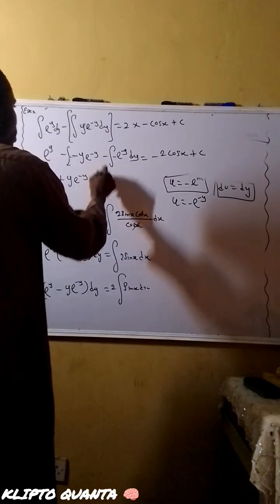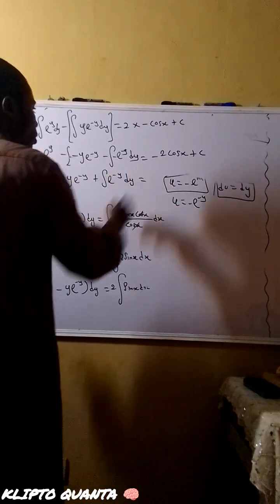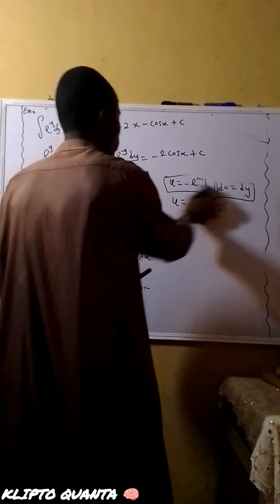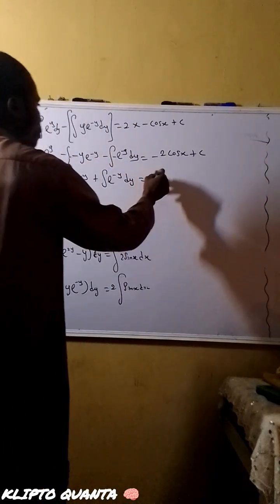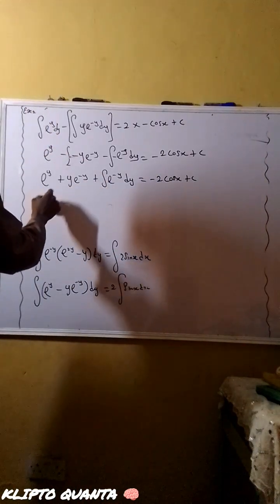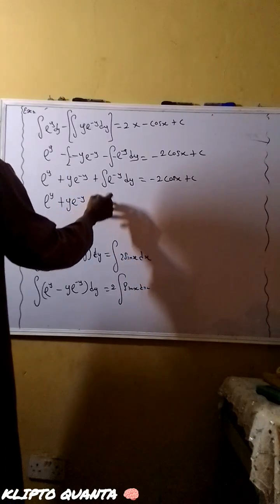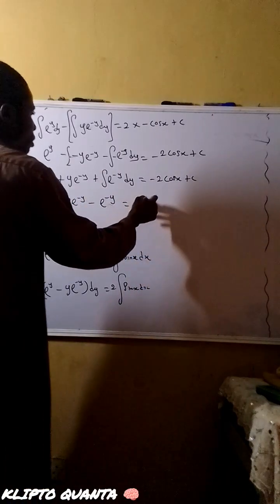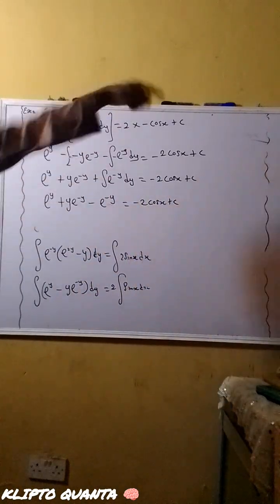Let's put this plus integrating e raised to power negative y dy, which is equal to negative 2 cos x plus c. So from here you have e raised to power y plus y e raised to power negative y. This becomes minus e raised to power negative y equals negative 2 cos x plus c. You should know why this is equal to this. I've just done it not quite long ago.